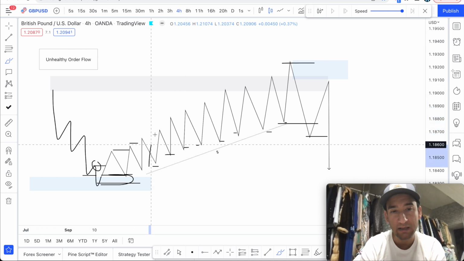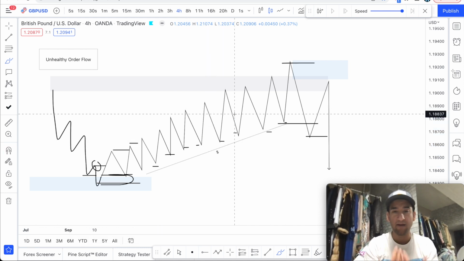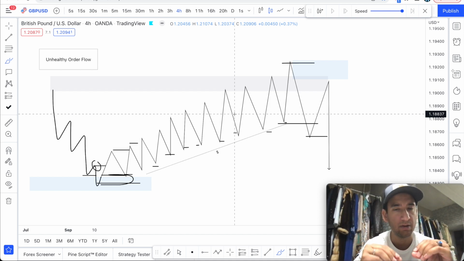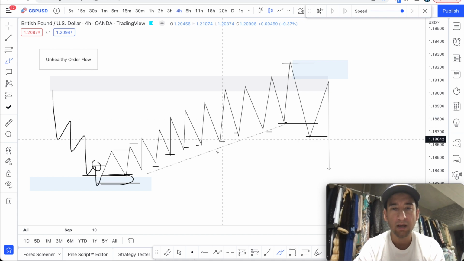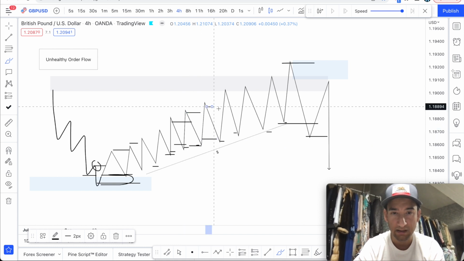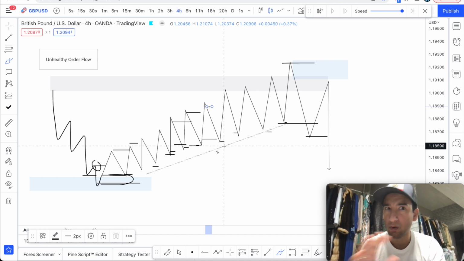But if you keep seeing this unhealthy order flow like this, then eventually you have to psychologically and hypothetically think, hey, we're in an unhealthy order flow. We can still buy these lows and highs just like this, but eventually we'll have to think to ourselves, hey, we're not in a healthy order flow, we got to get out, right?